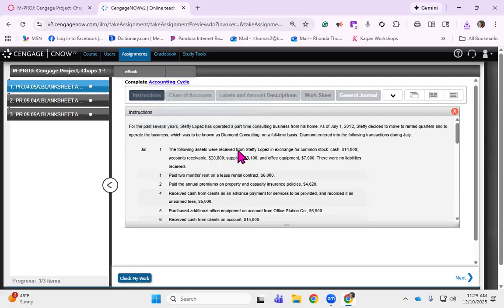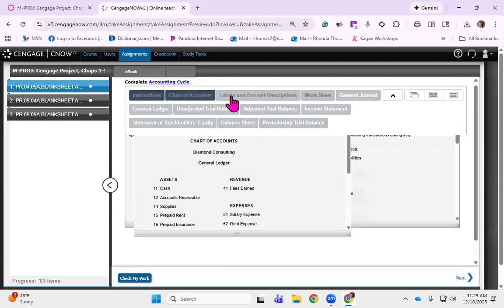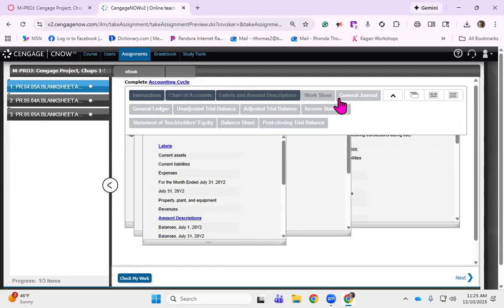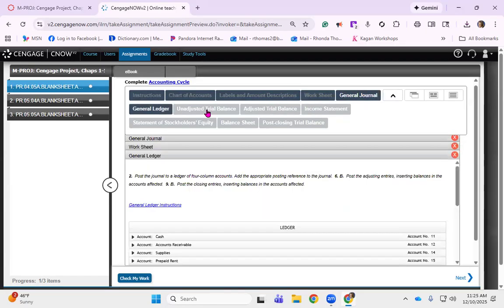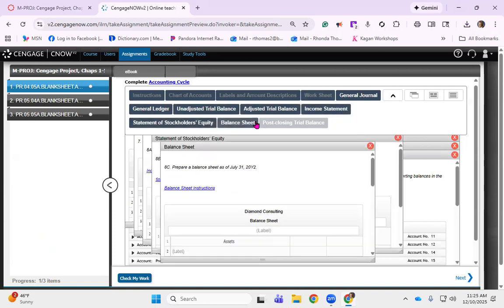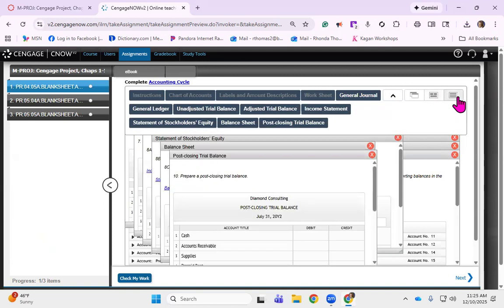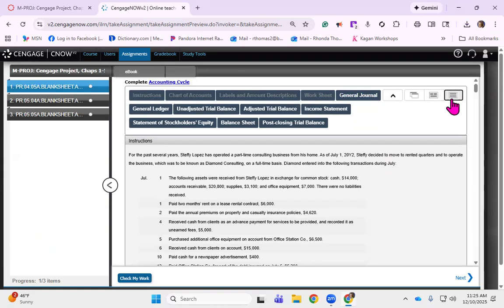Now, what I'm going to do, there's quite a few windows to open up. I'm just going to open up everything, and then I'm going to stack them. Here's how I do it. You do it however works for you. Okay, I like using this.